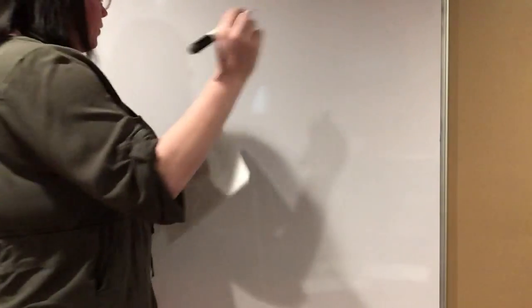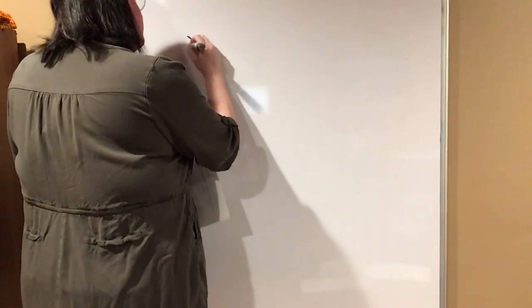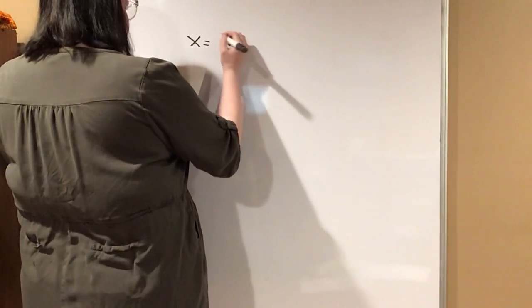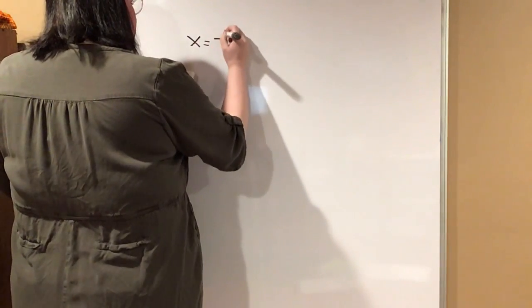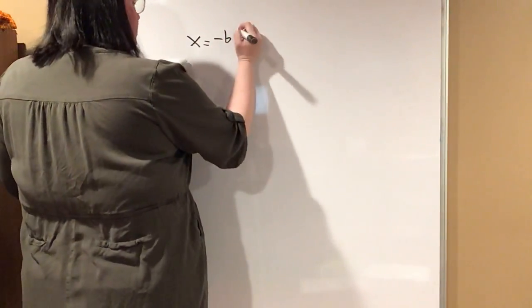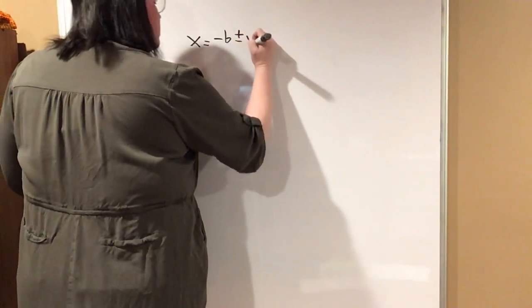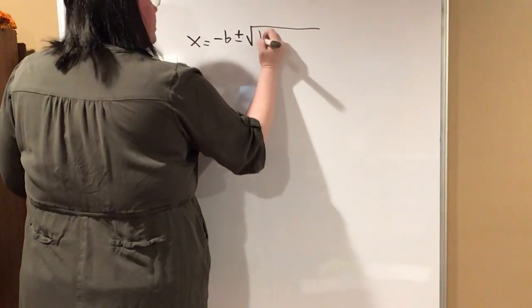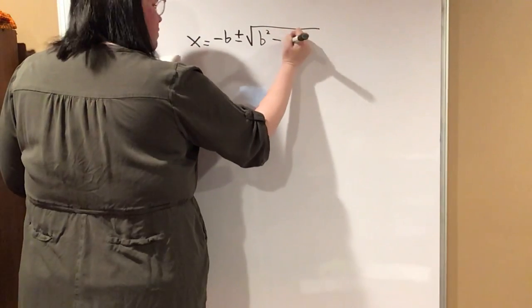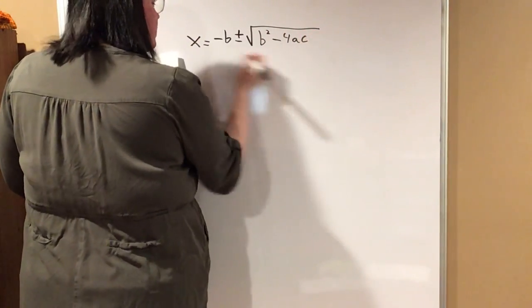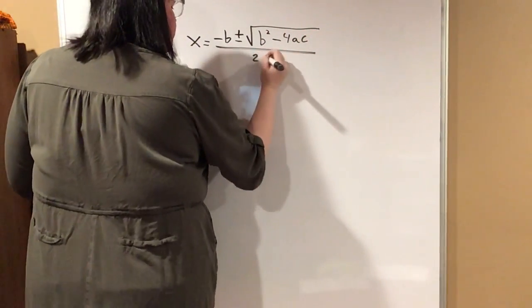Sorry. Okay. So now that we know this, we are going to learn the quadratic formula. This is the quadratic formula. x equals negative b, or you can say opposite b, plus or minus the square root of b squared minus 4 times a times c, all over 2a.